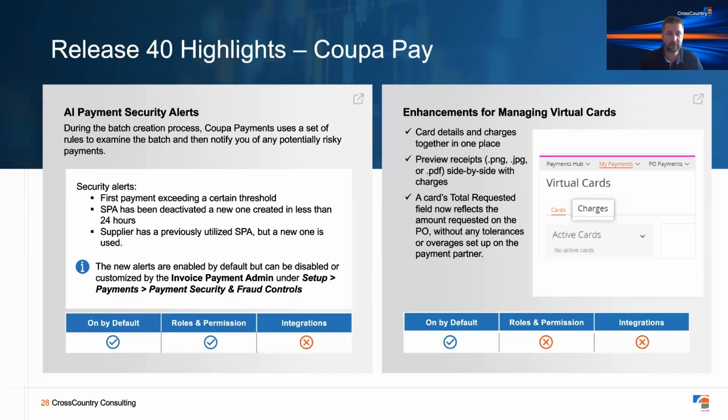You understand that you've been making payments to them via a different supplier payment account, and this is the first time you're making it through this new one, notifying you so you're aware of that. So all positive things, all things we would recommend leaving on. But you do have the ability to go in and either turn these off or customize the amount on that first one with a threshold.